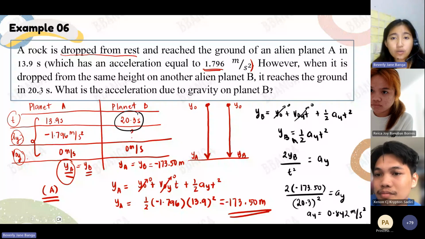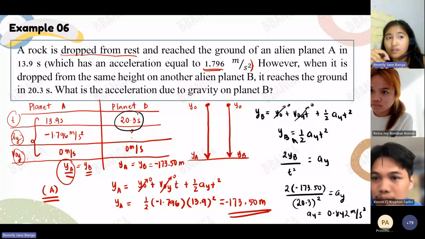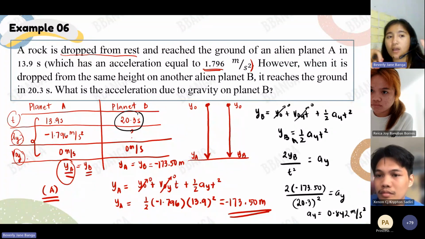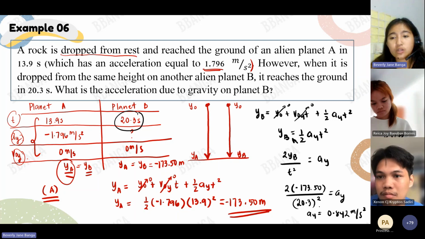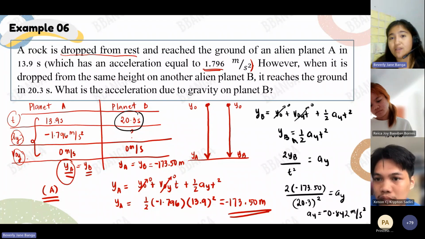Now, makikita nyo in planet B, there is a lengthening of time, which means na bumaba yung acceleration due to gravity natin. So, kapag may ganun na kayong notion class, dapat bababa yung gravity kasi humaba yung oras. Magkakaroon na kayo ng confirmation sa sagot ninyo na, okay, tama tong sagot ko kasi it is lesser than the 1.796 meter per second squared.